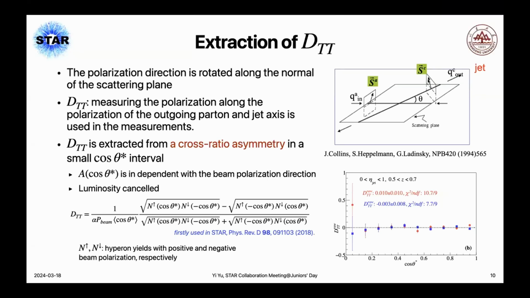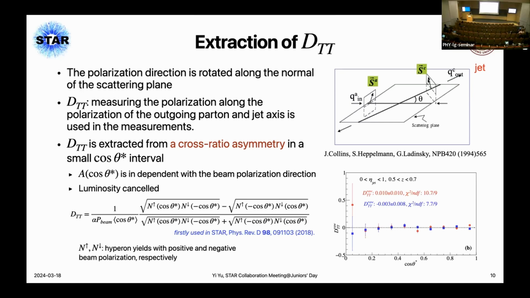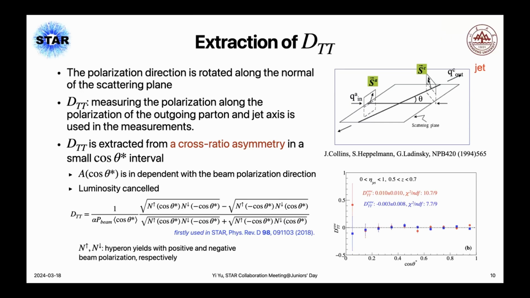Okay, because I was wondering how you could know the spin direction of the lambda. All right, I get it. So we cannot know it exactly. We just assume it has polarization along this direction in the experiment. Okay, thank you.